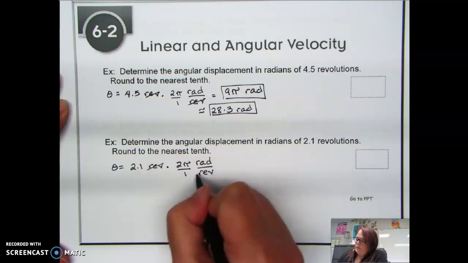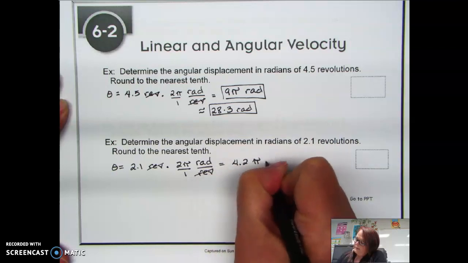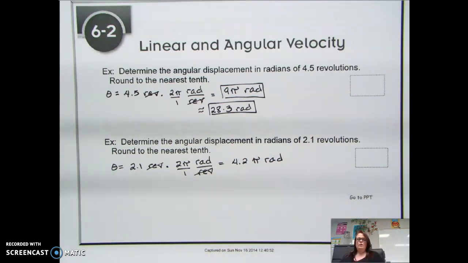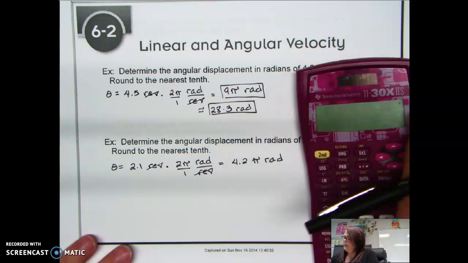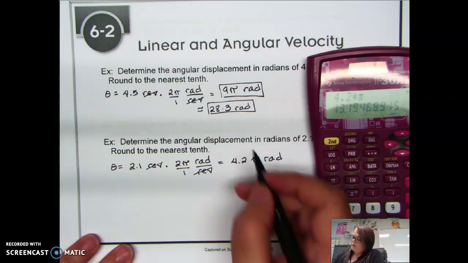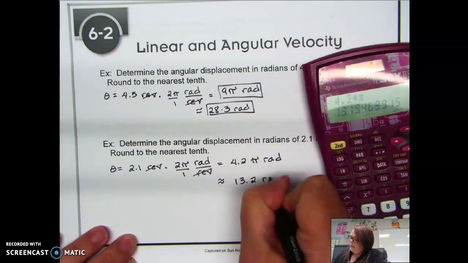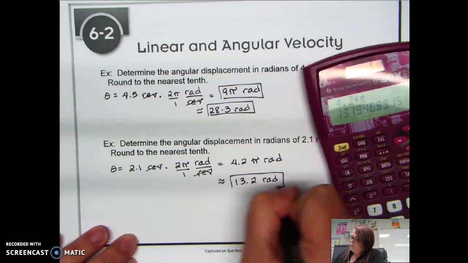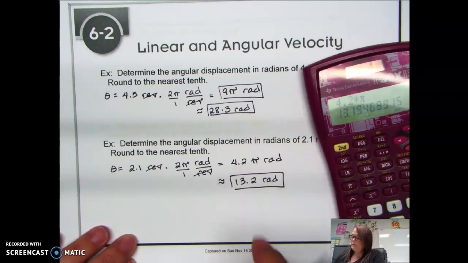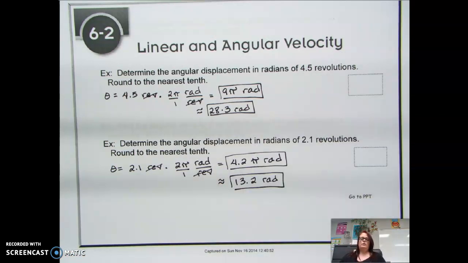So now my revolutions cancel, and that's going to be 4.2 pi radians. Or if I plug that into my calculator, 4.2 times pi is going to give me 13.19, so 13.2 radians. So this is if they wanted it rounded to the nearest tenth, and this is if they wanted the exact answer. So both of those are good types of answers.